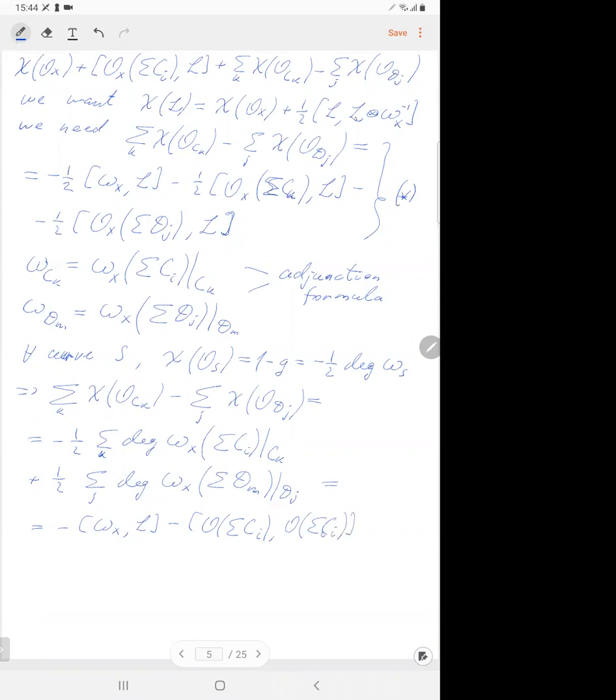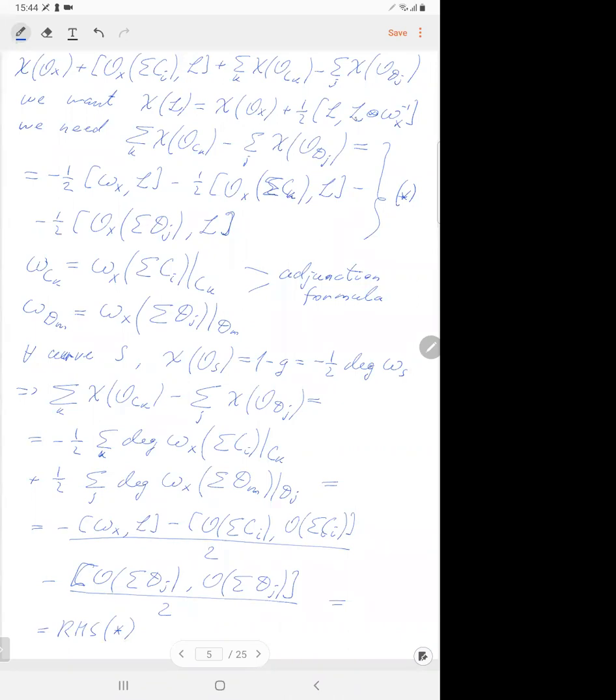Well, but I'm somehow out of place now. Okay, let me write over 2 minus the pairing of sum of the j's with itself, and this was pairing over 2. Yeah, and that's it. That's just what we wanted. So this is the right hand side of our equality just by linearity.